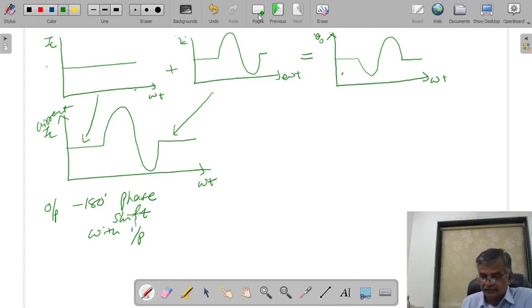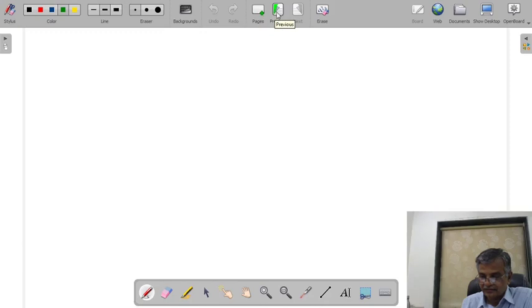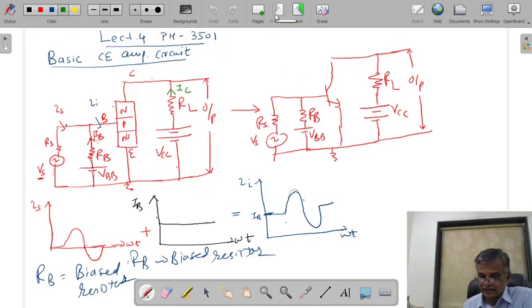So look here again. Here is AC current, this is a DC current, AC plus DC is the input current. Due to this input, this current is also variable, and that I am showing you in this.